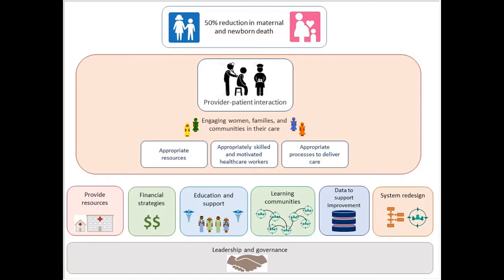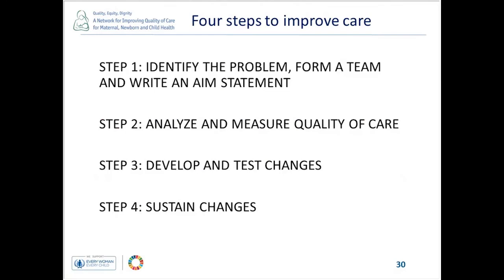And making sure that we're able to look at processes and fix process problems is going to be very important. So that's going to be the focus of the next 4 or 5 webinars, talking about some practical and simple steps that health workers can use to improve care by focusing on identifying and solving process problems.